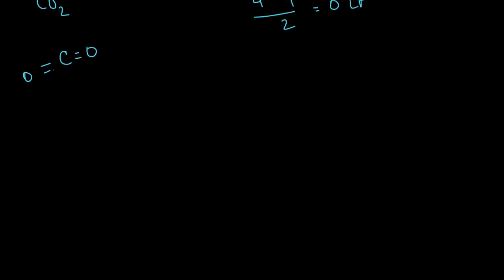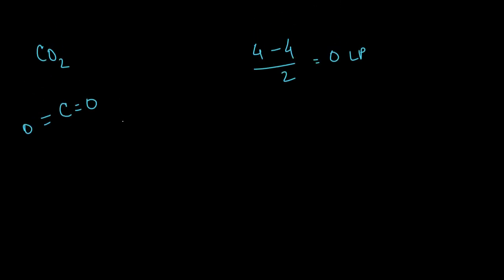But wait, these are not single bonds, these are double bonds. So what's going to happen? To figure out the bond angles, we really wouldn't care about double bonds. It's very important: we're going to treat double bonds just like any other single bond in this VSEPR theory.